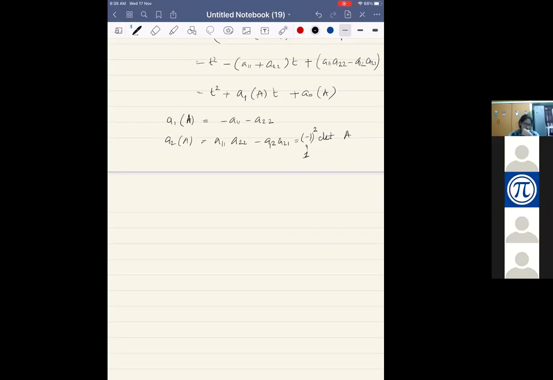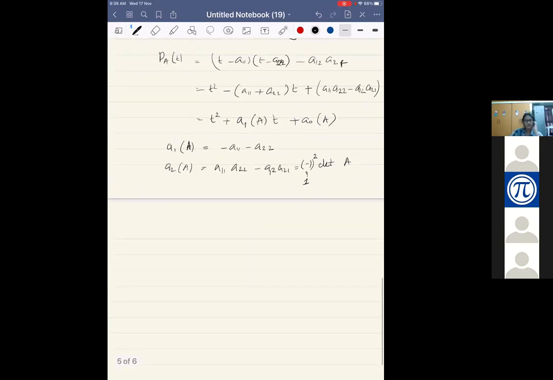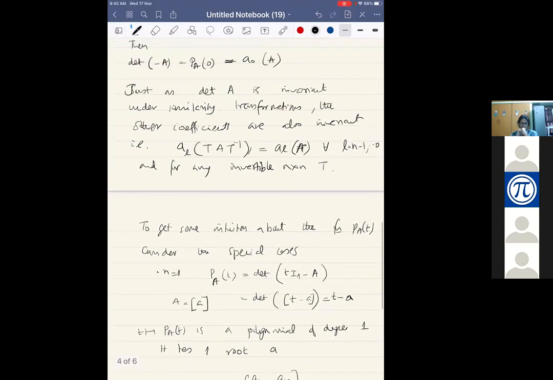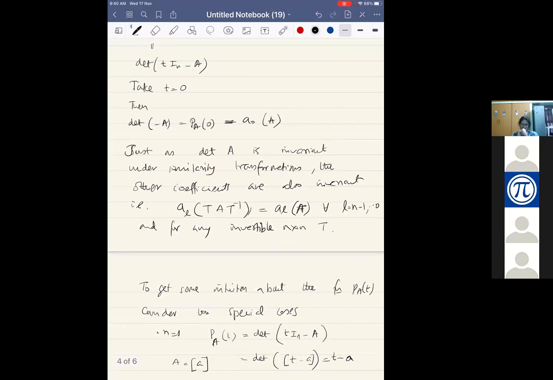Okay, so now I had said that a0(A), of course, we know the determinant is invariant if I do a similarity transformation. But now let us check a1(A). I claimed earlier this fact in general, that all the coefficients are invariant under similarity transformation.